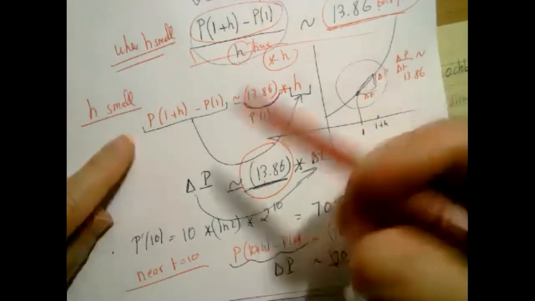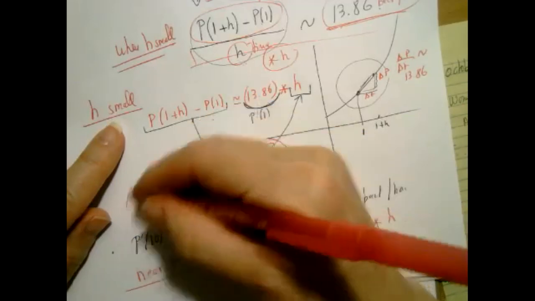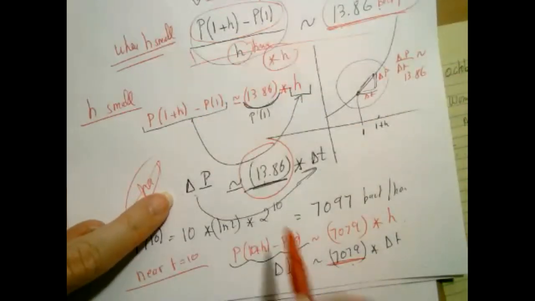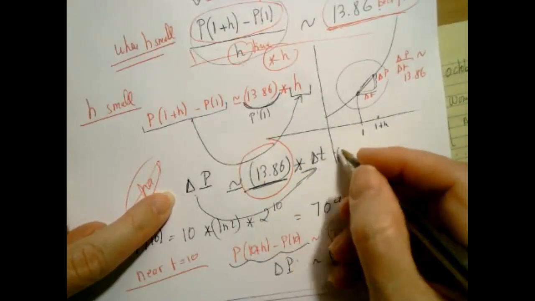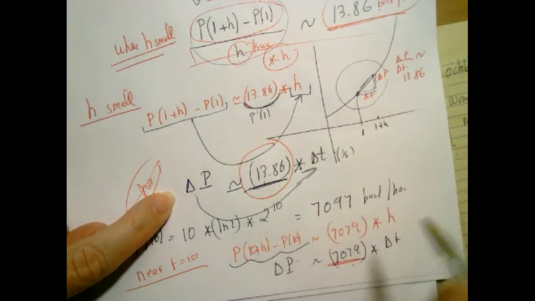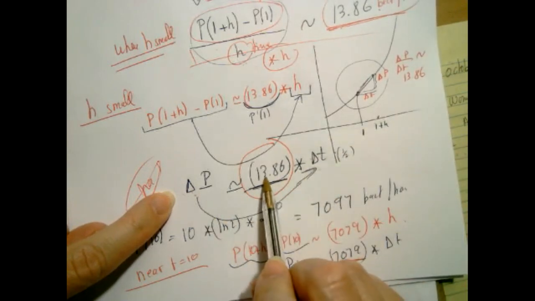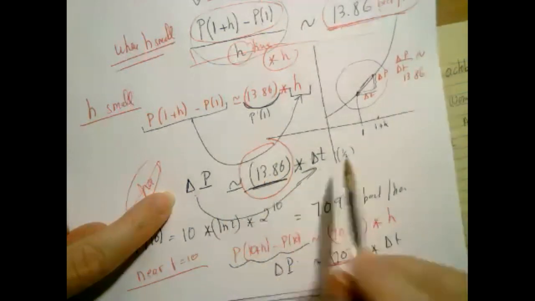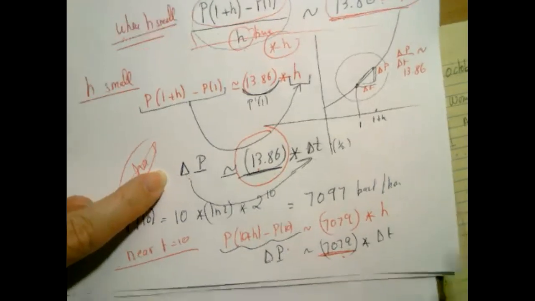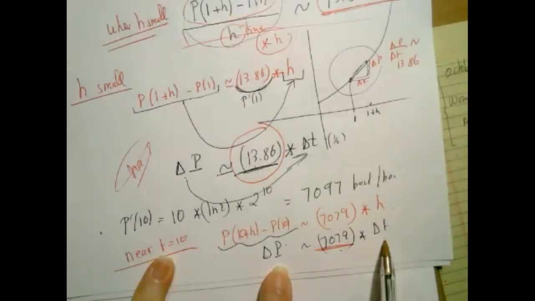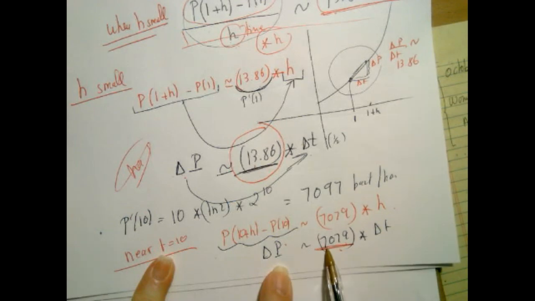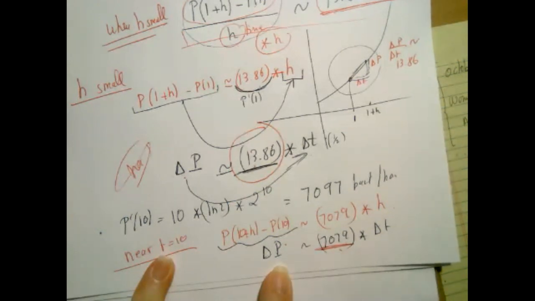This is near 1, and this is near 10. So near 1, if you change the time by half an hour, the population will change by 13/2, almost 6 bacteria. Near 10, if you change the time by half an hour, the population is going to change by 7,000/2, which is going to give me 3,500 bacteria.